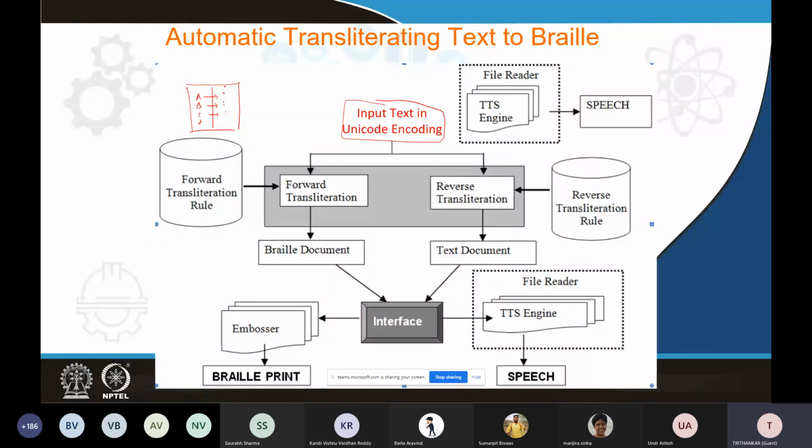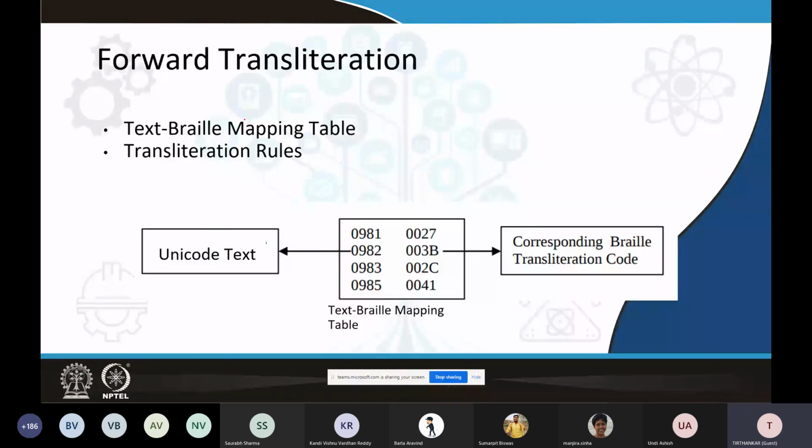These are the braille representations, and actually in this mapping file we don't represent these braille cells directly. We represent them by their position numbers, as 1, then 1 comma 2, then 1 comma 2 comma 4, and so on.